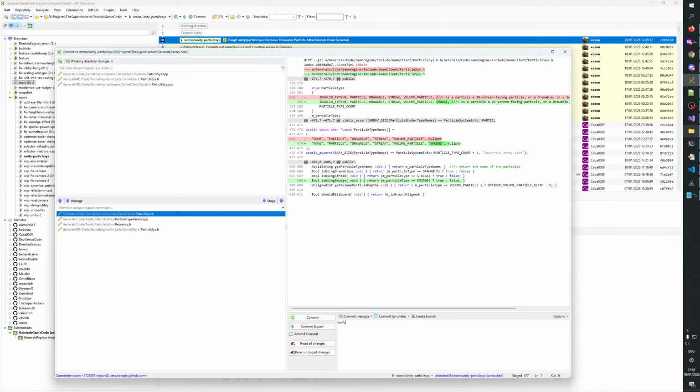Unify ParticleSys, add smudge particle, say add smudge particle type to generals.